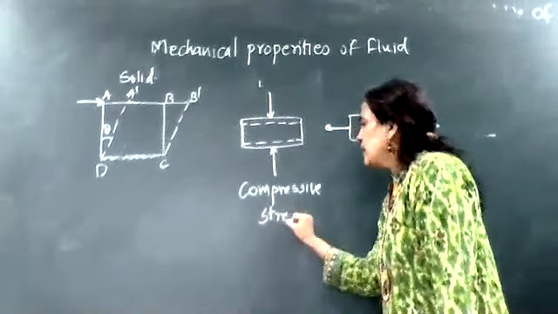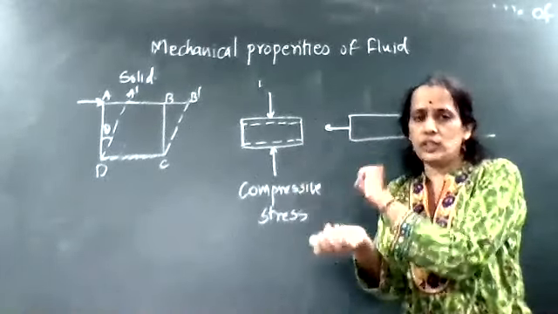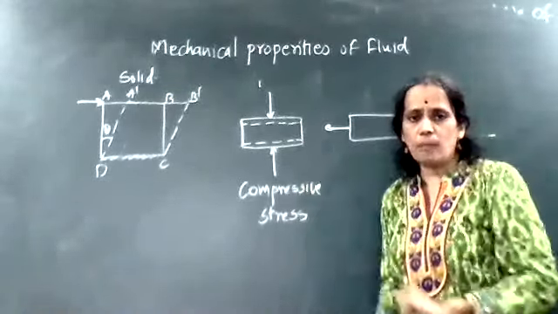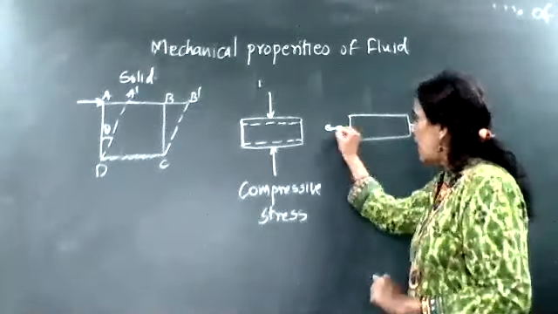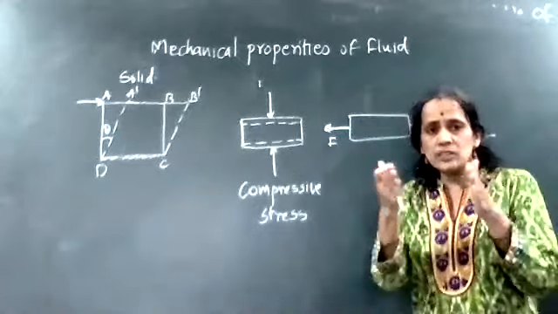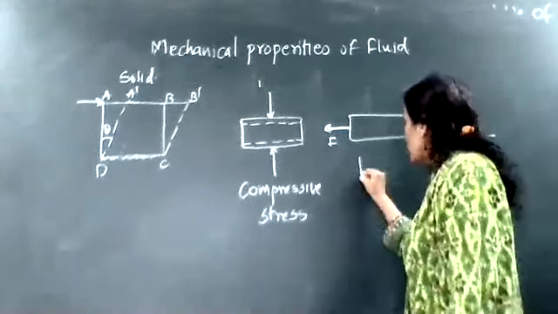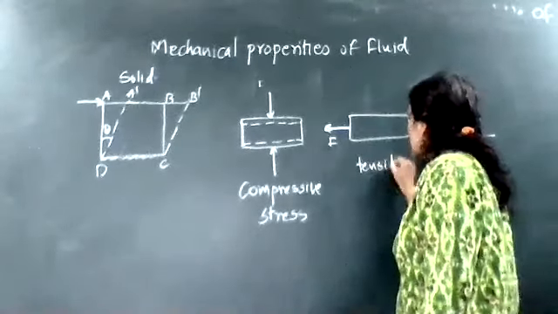Because I am applying a compressive force, its volume goes on changing and the volume gets compressed. Instead, if I apply a force in the outward direction, your solid will get extended. That I call a tensile stress.